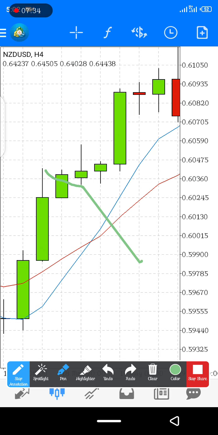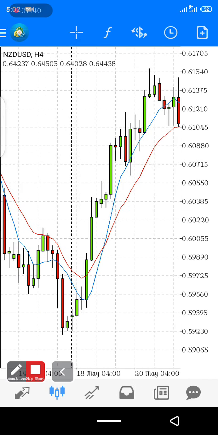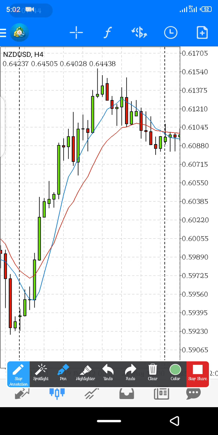So let's zoom out and see how the market is after this cross. What happened? After this cross here, the market went up all the way here, and there's another cross here to indicate the exit point, for you to know the trend has changed.